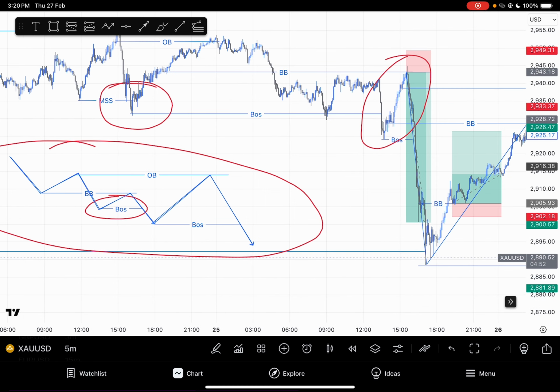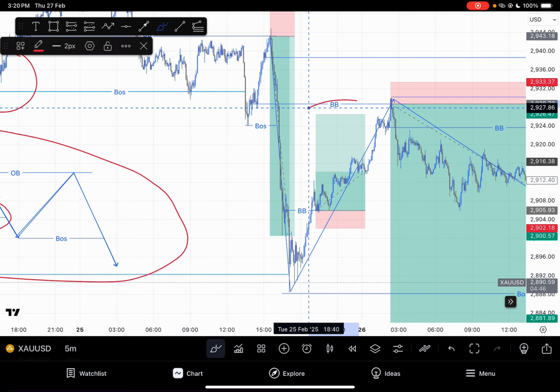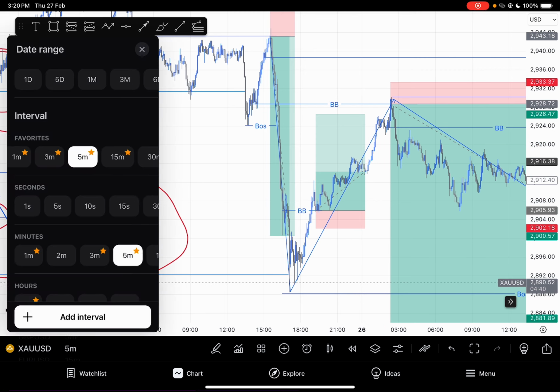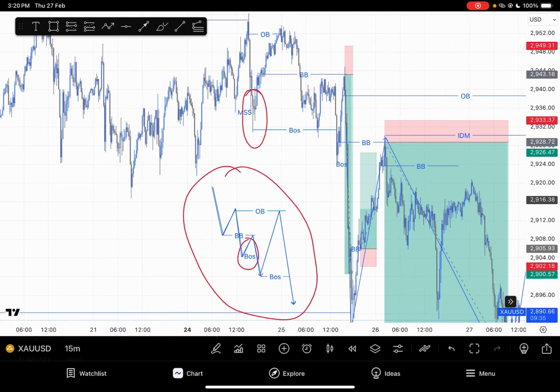So now also, let me do a quick video on how I was able to get this particular trade. So let's go to the 15-minute time frame. I think I took this trade on the 15-minute time frame.